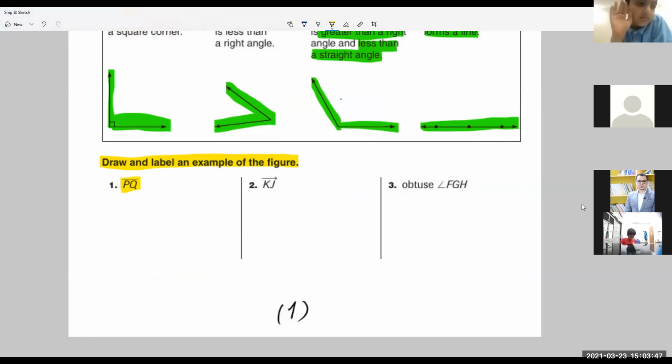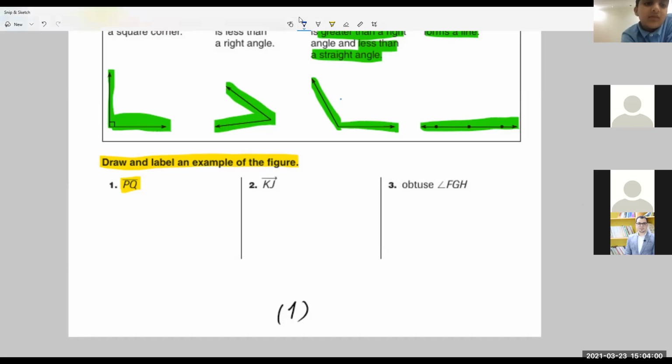Hamad Khalid. Yes, teacher. Okay, what is the type of this figure, BQ? Straight. It's a straight line? I mean straight angle.